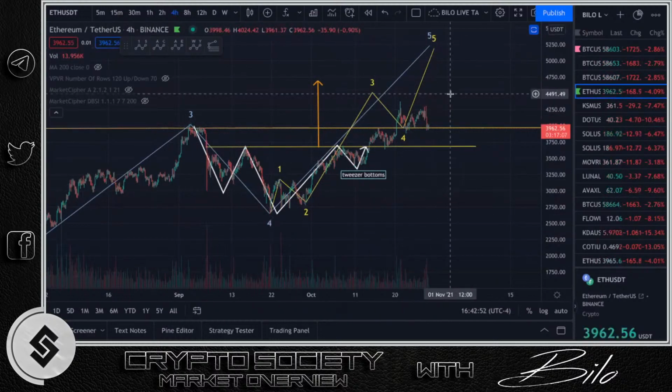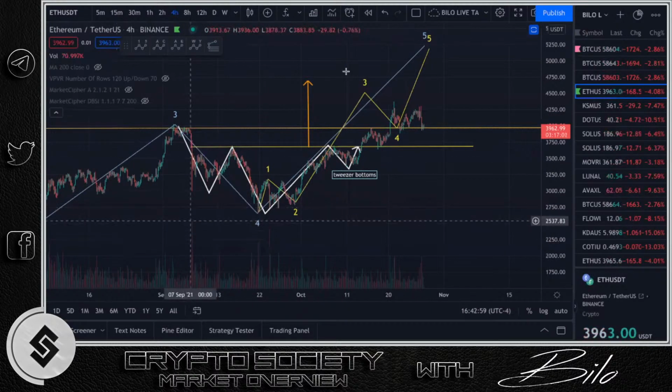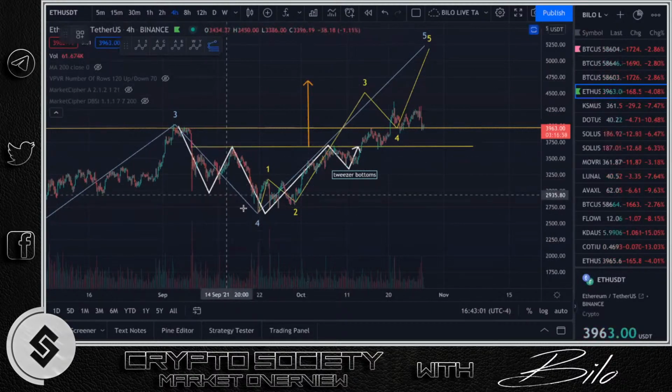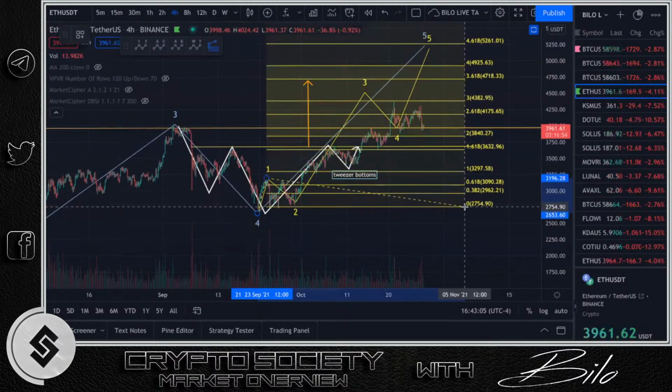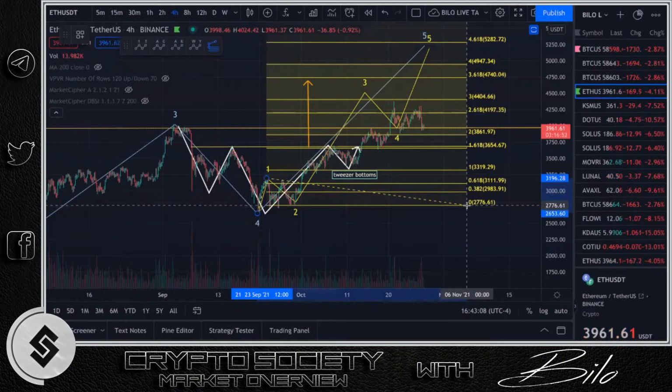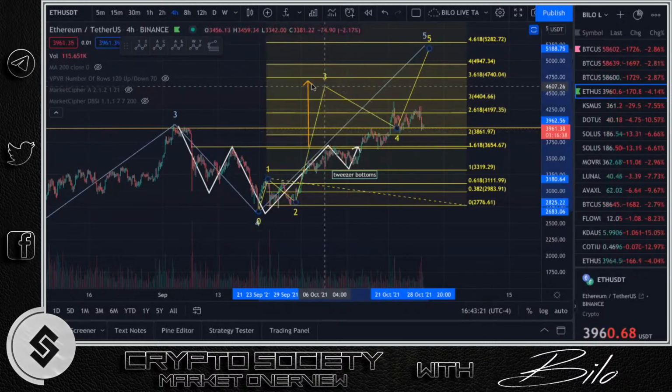Forget these dates, guys, because this does not take into account time. It just takes into account wave price increases. Okay, so if we do a Fibonacci extension, and we use this inverse head and shoulder target as wave 3, so we bring it to, let's say, here.